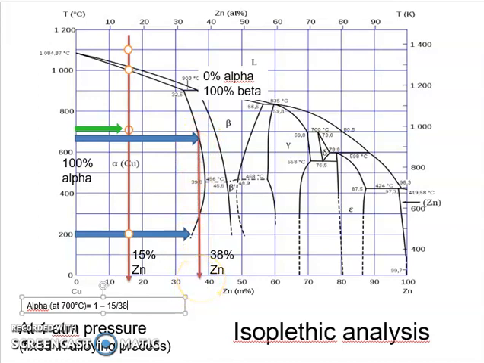38%. Well, so we only have to do the ratio, the arithmetic operation. So this is 1 minus the answer for the ratio here, which is 15 divided by 38.